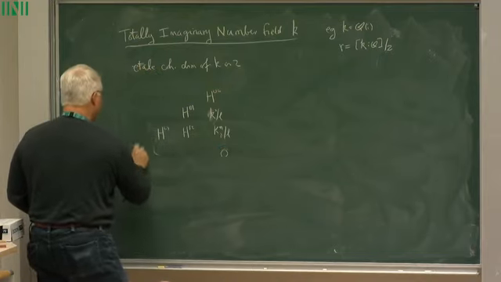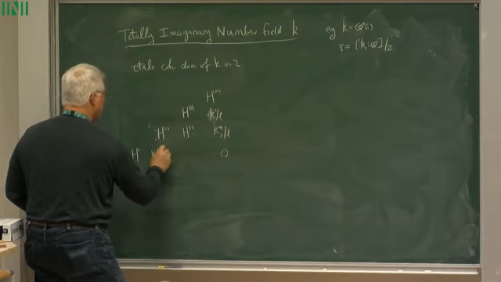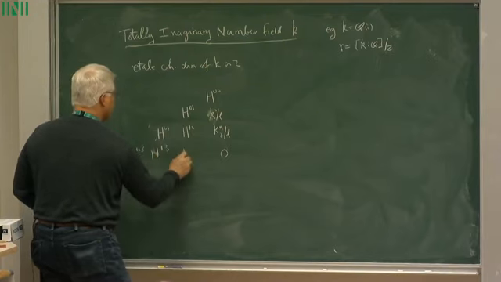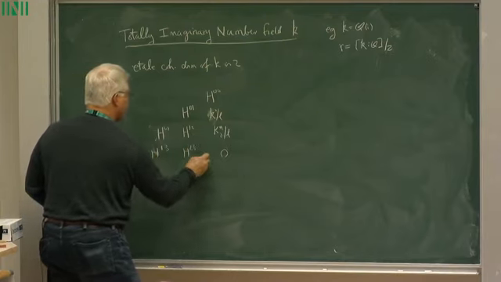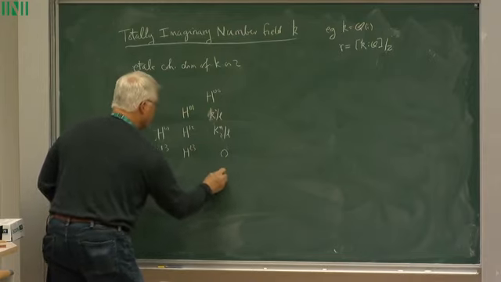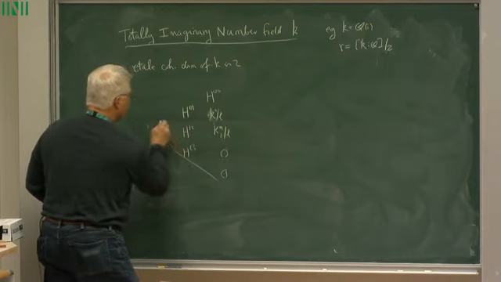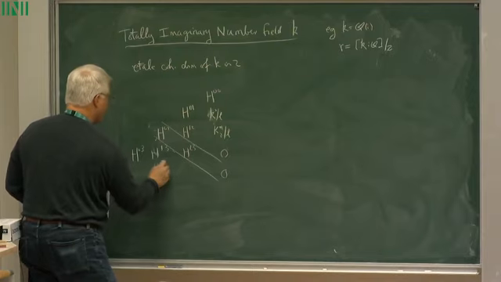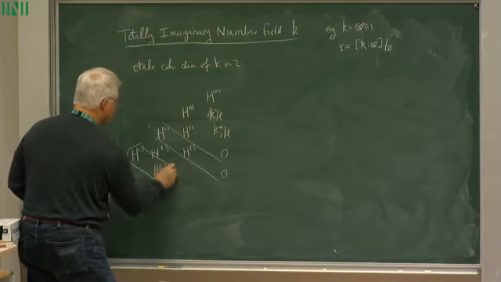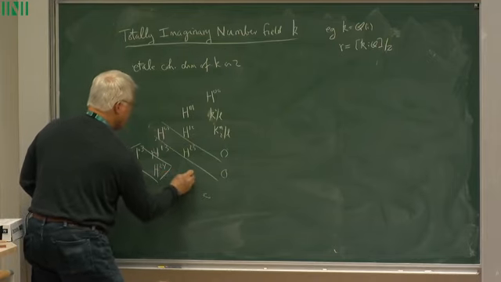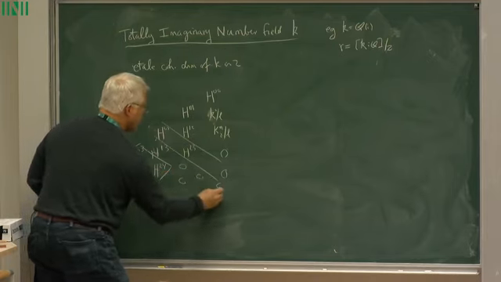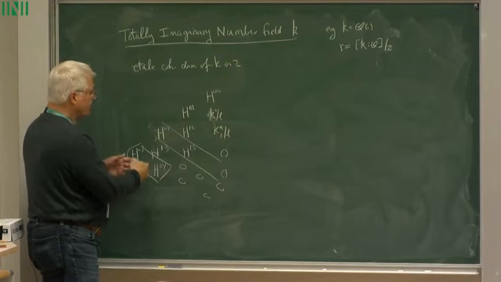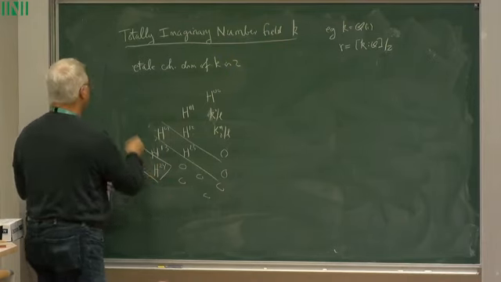And so here I have an H^0, an H^1, H^2, and a 0. And so here is a 0 as well. So if I'm looking along these diagonals, what I see in every single diagonal is a bunch of zeros, and one term in odd degrees and two terms in even degrees. There's absolutely no place for differentials to go.